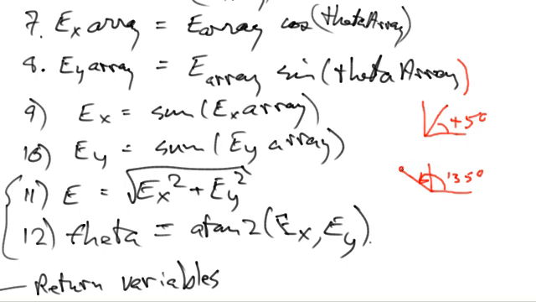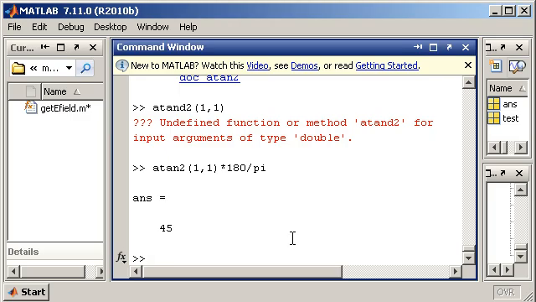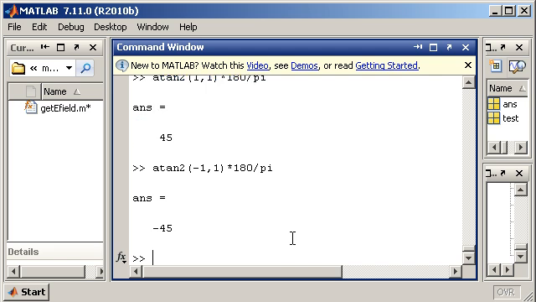If this point is minus 1, 1, let's go ahead and see if that works. It did not. So atan2 at minus 1, 1 gives me minus 45 degrees.